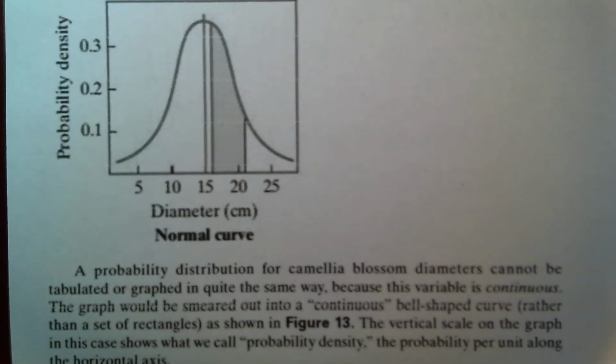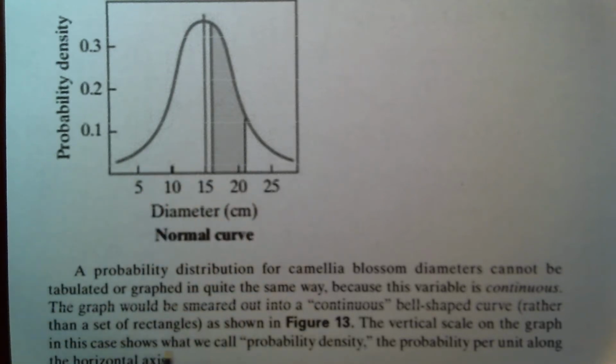The next probability distribution is for camellia blossom diameters, which cannot be tabulated or graphed in the same way, because the variable itself, the diameter, is continuous. We could say the graph would be smeared out into a continuous bell-shaped curve rather than a set of rectangles as in the previous example, as shown in figure 13 here.